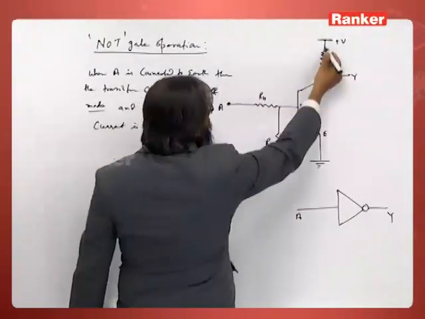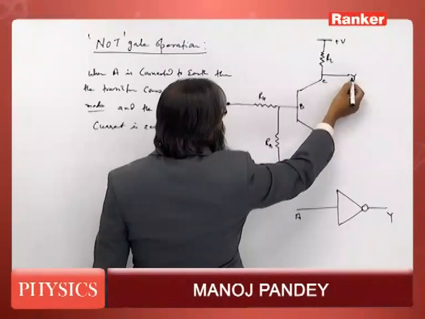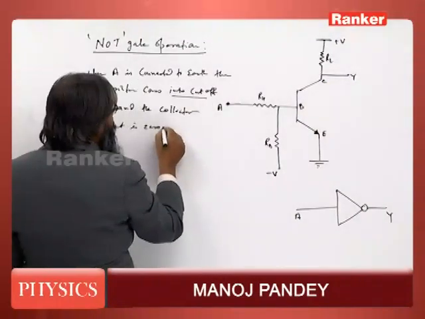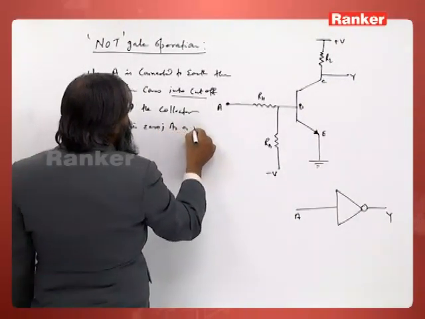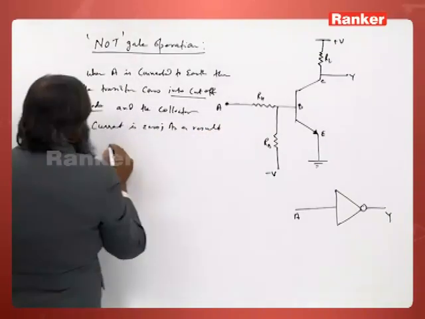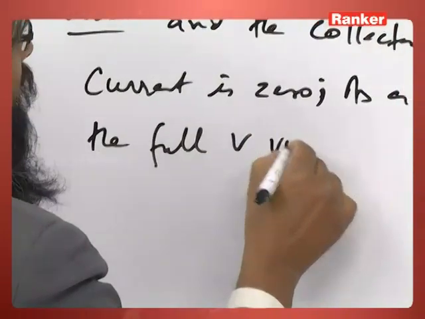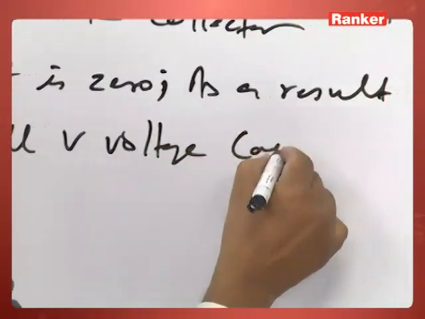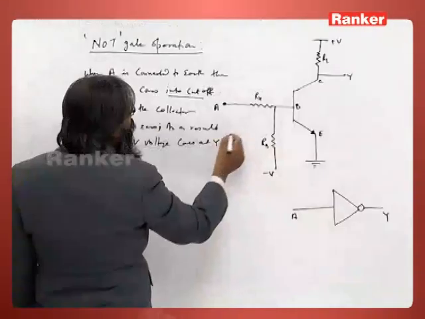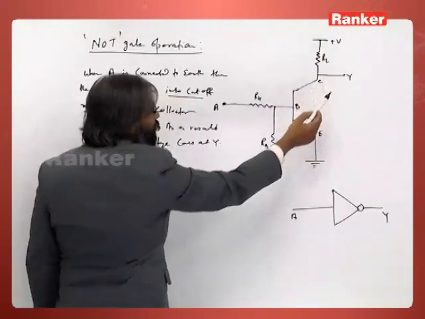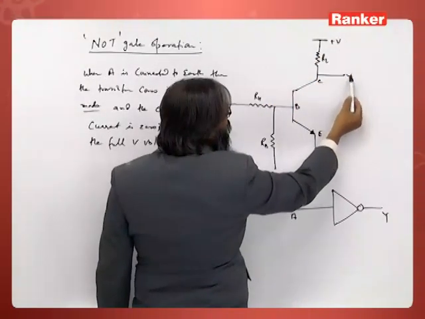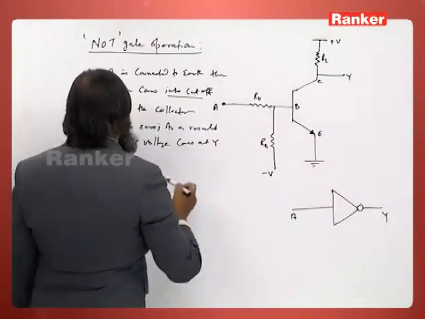So when there is no collector current flowing here, as a result the full V voltage comes at Y. So Y is at the V voltage. Suppose V is plus 5, then it gets 5 volts.